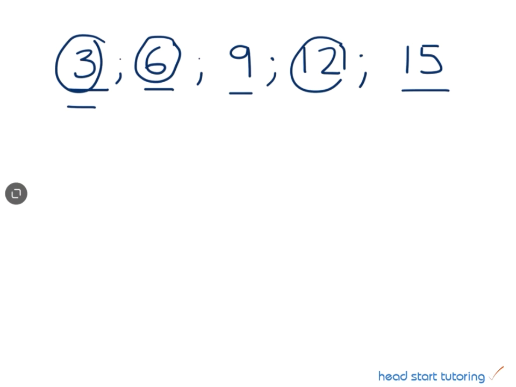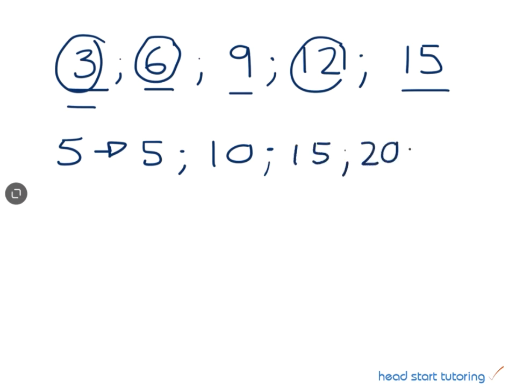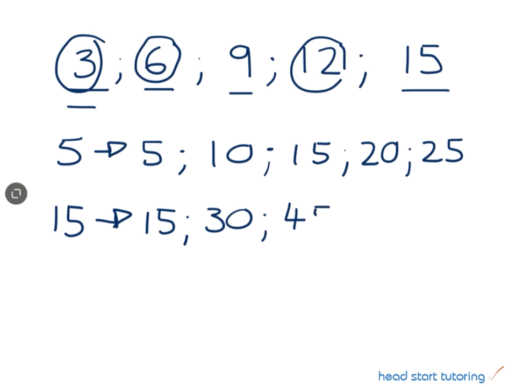So if we look at another example, if we list the first 5 multiples of 5, we would get 5, 10, 15, 20, and 25. The first 5 multiples of 15 would be 15, 30, 45, 60, and 75.